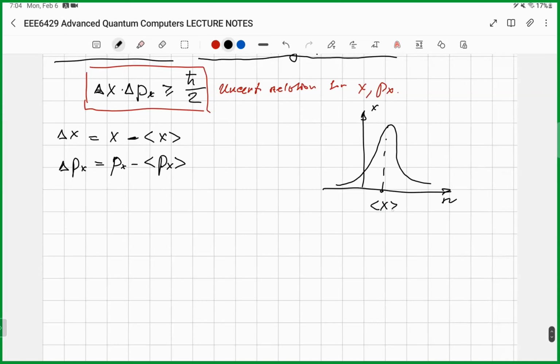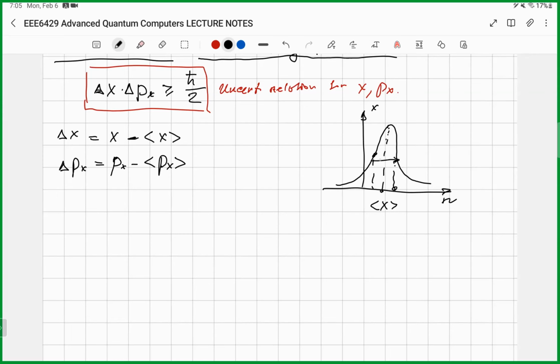This mean x, or you can say this is the expectation value, the value that you expect to measure when you do a large number of measurements. But in each particular measurement, you can get something here or here, and this delta x represents the dispersion, right?